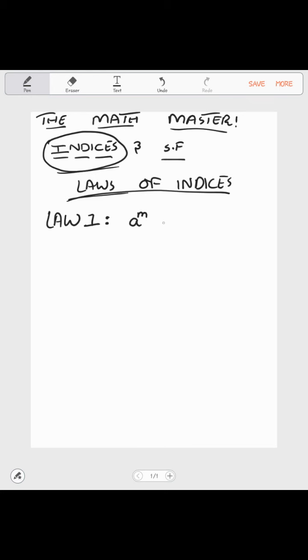a^m into a^n equals what? This is very simple because the variable on both sides is the same but their powers are different, but it doesn't matter because the variables are the same. So what you can write is a^(m+n). Why is that?